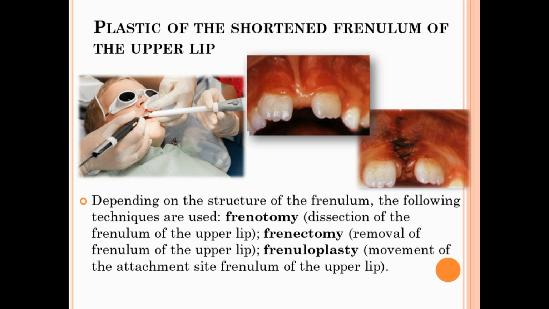The plastic of the frenulum of the upper lip can be performed by various methods. Depending on the structure of the frenulum, the following techniques are used: frenotomy, dissection of the frenulum of the upper lip; frenectomy, removal of the frenulum of the upper lip; frenuloplasty, movement of the attachment side of the frenulum of the upper lip.